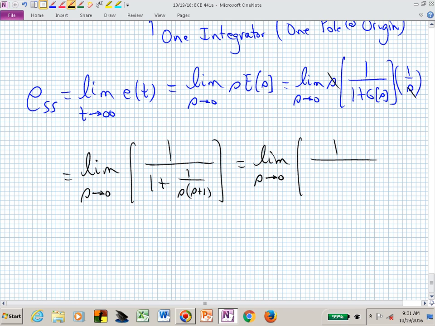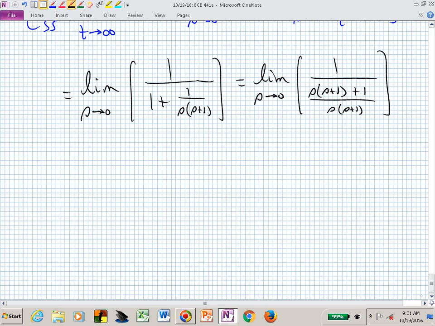We now can get a common denominator downstairs. And what happens to the denominator in the denominator? That goes upstairs. It now goes into the numerator. And what happens as we let s go to 0?